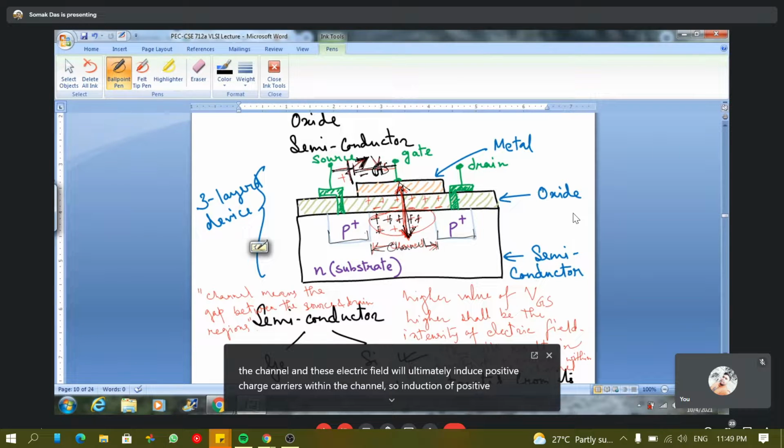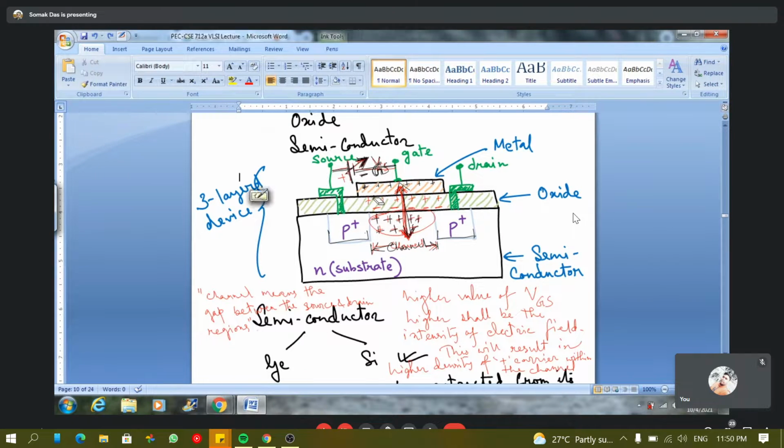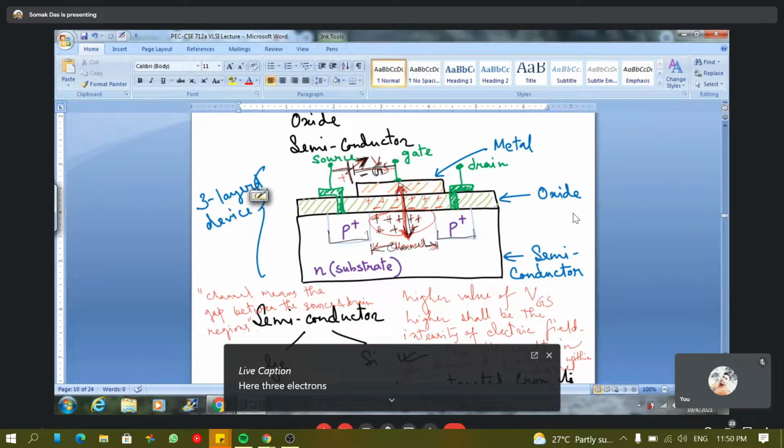How does it happen? If you relate it in a much more lucid way, then this negative electrode will attract positive charges, or repel free electrons from the metal region towards the other end of the metal surface.